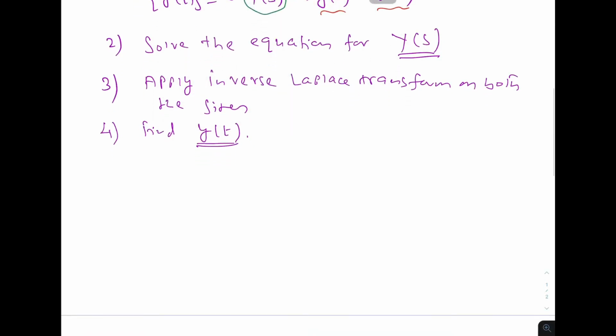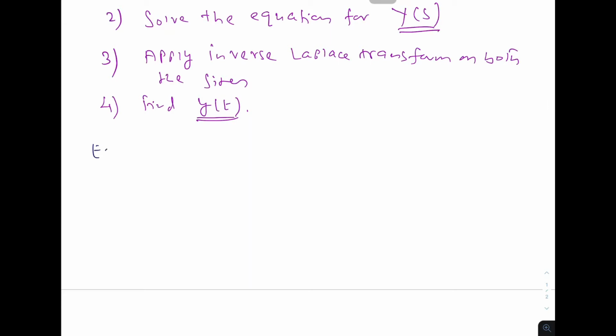Let us take one example now. Let us begin with this simple example that was asked in GTU summer 15.